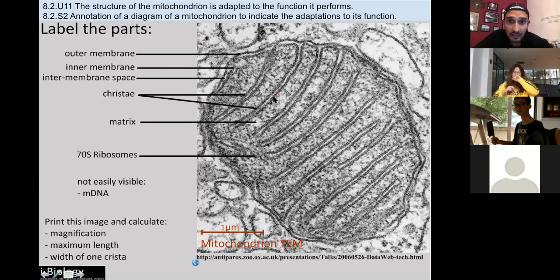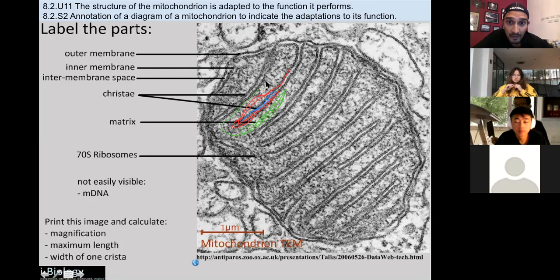In here, so this is membrane, right? Oh gosh, we're going off track. So this is all membrane, right? And it's actually a double membrane, the phospholipid bilayer. And then the area inside here is separate from the matrix out here.